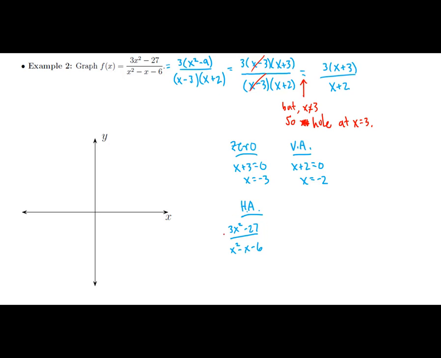And we look at the bottom and ask what's the highest degree term on the bottom? Well, that's x squared, so I'm going to multiply by 1 over x squared on top and bottom.